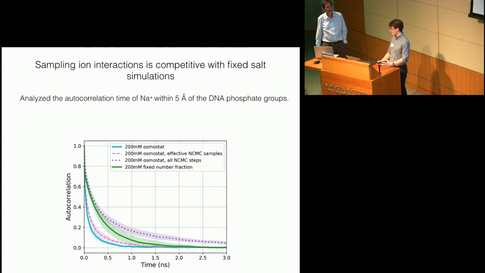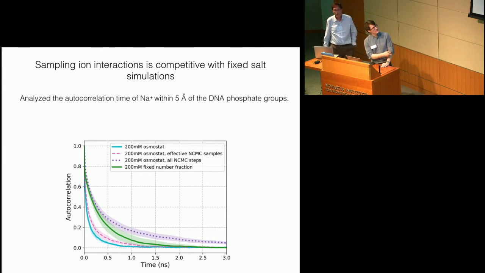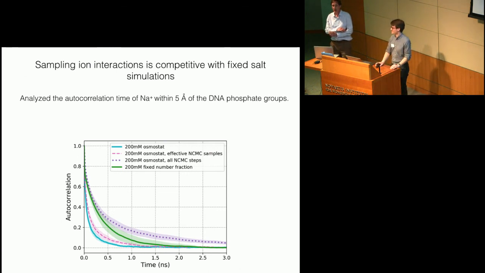You can see that after around 3 nanoseconds, there's no autocorrelation. But with using the osmostat insertion and deletion, the autocorrelation time is much, much less. So I think it depends on precisely what time scale you're looking at. Does that address your question? It's a start for sure. Okay, good. Okay, let's thank Greg.